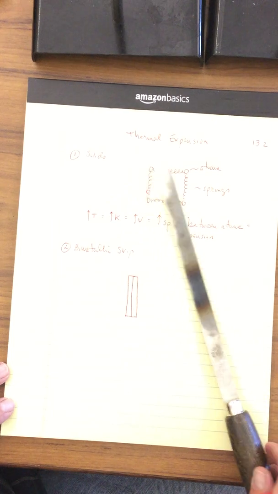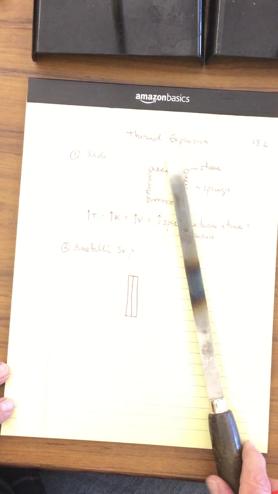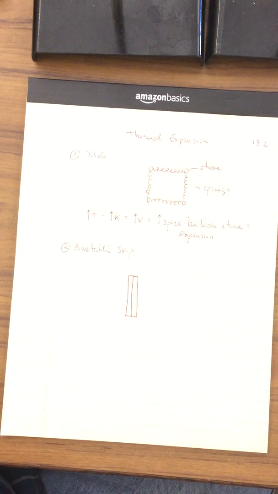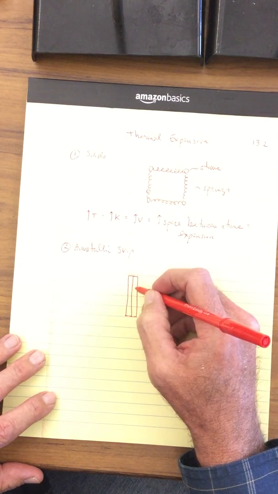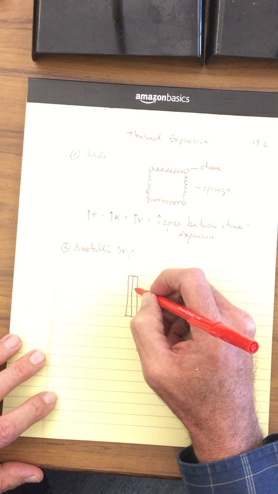This is probably either a zinc or it's probably a steel, iron compound of some sort. But what happens is the iron, as it conducts heat much better, it has a higher expansion. So these particles over here are going to be vibrating more, and they're going to be increasing their distance more.